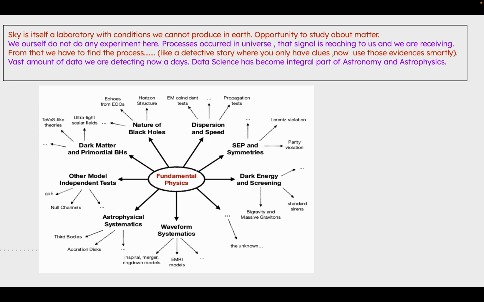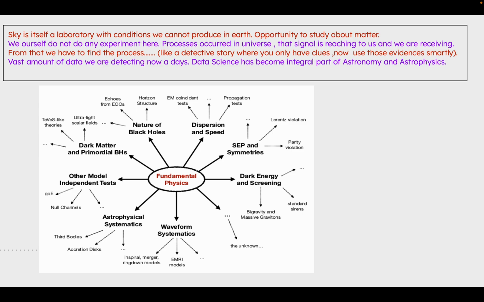From this detected signal, we have to figure out what process happened in the sky so that we are getting this signal. You can think of this like a detective story where some incident has happened. That incident has some clues or evidences, and from these evidences you have to figure out what crime was committed there. You can think of astrophysics as such a detective story.